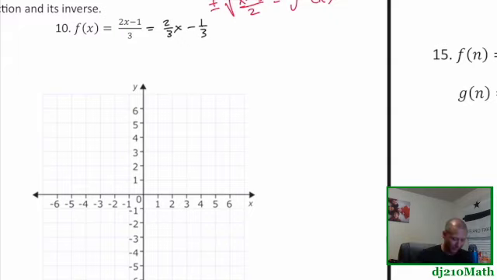So the y-intercept is negative 1/3, and the slope is 2/3. So up 2 over 3, down 2 over 3.